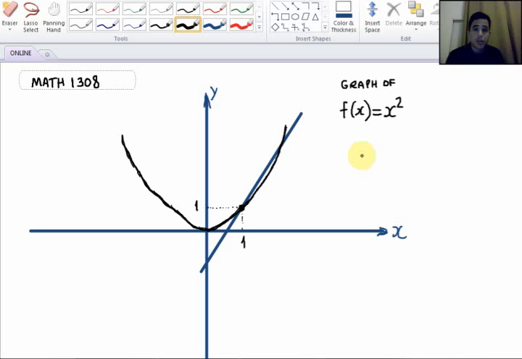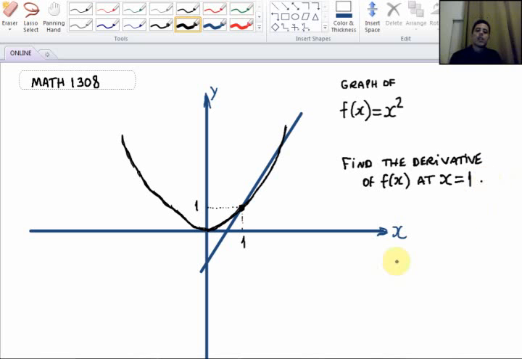Let's say, for example, you've been asked to find the derivative of f of x at x equals 1. Okay. So there are many ways we can ask that question.